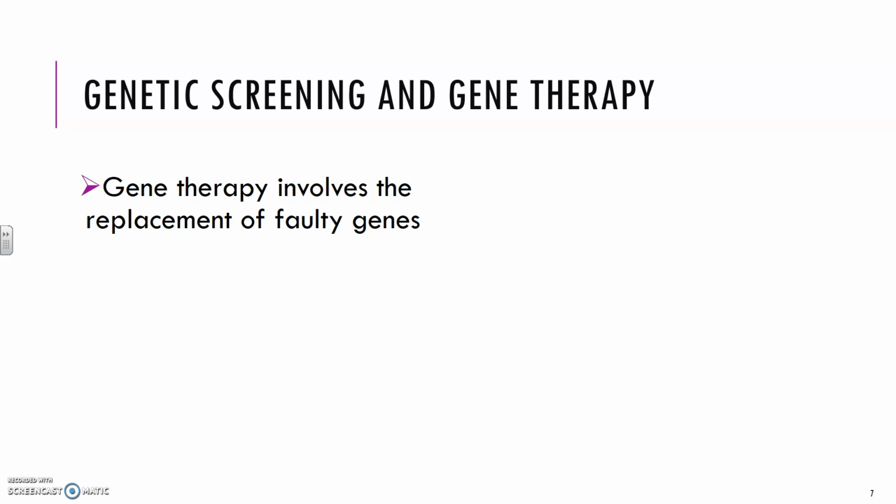So gene therapy is still relatively new. I think at least one form of it is in clinical trials right now, but it involves the replacement of faulty genes. This would be a lot easier to do when it's still an embryo: fewer cells, a lot less DNA to try to correct.